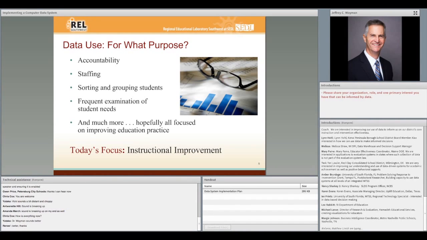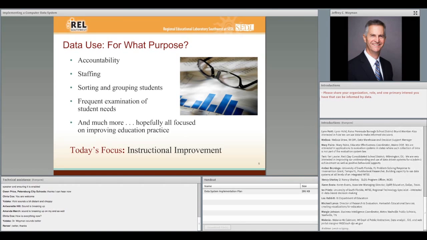You can use it for HR, for financial, for doing things with students, both in terms of sorting, grouping, and frequent examination of their student needs. There are myriad uses and purposes for data. What I want you to know is that today's focus, so the answer to data use for what? For today is instructional improvement. That's what we're going to be talking about today, is data use for instructional improvement.